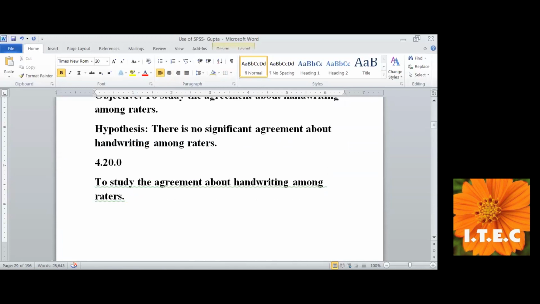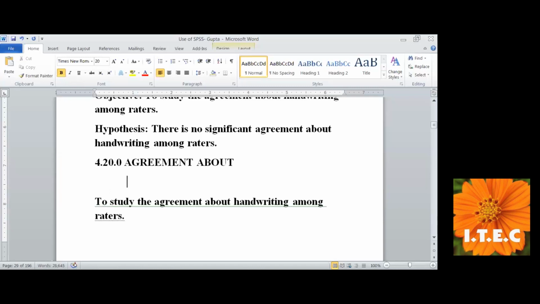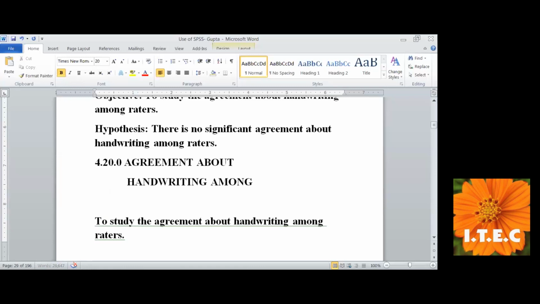Here, agreement about handwriting among raters, or judges.